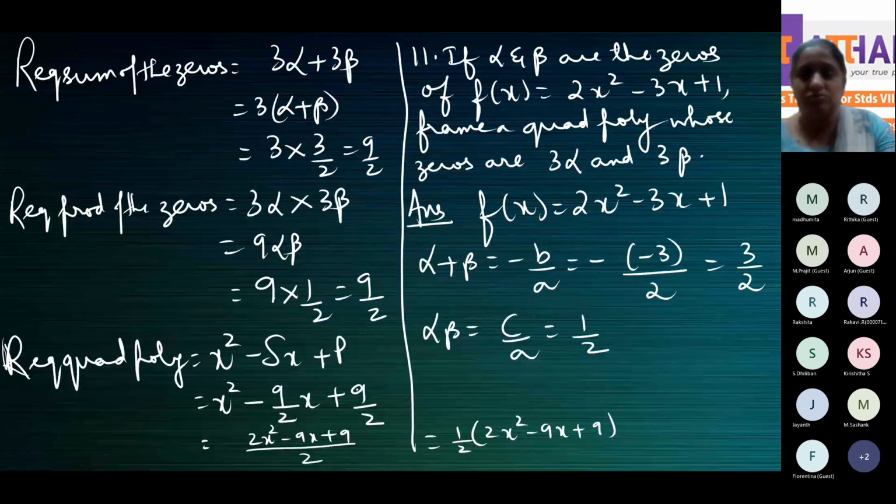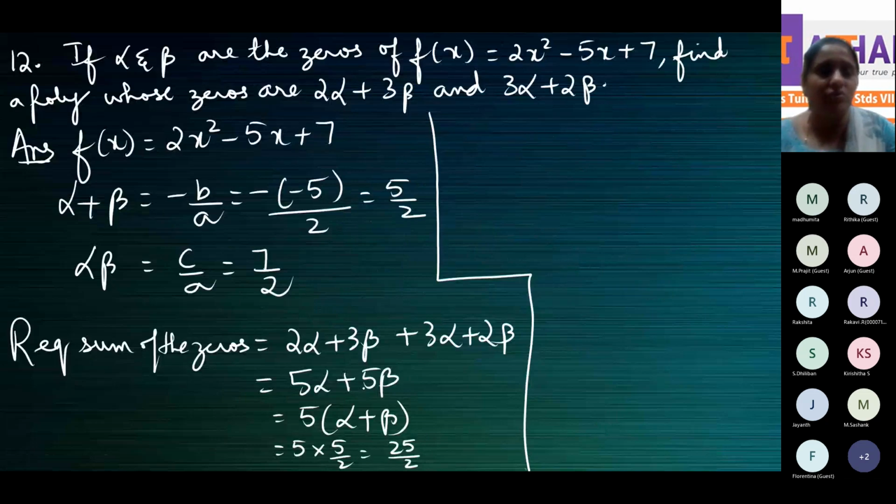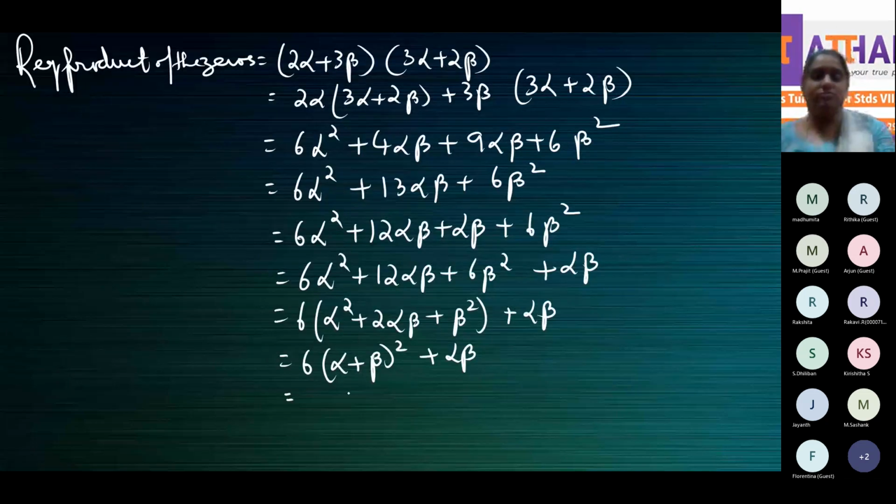Sorry, alpha plus beta is 5 by 2 and alpha beta is 7 by 2.